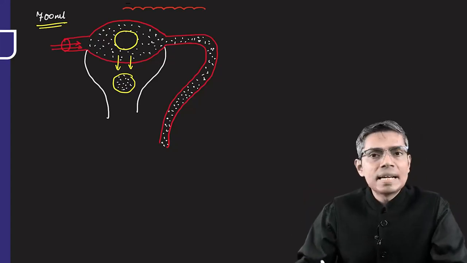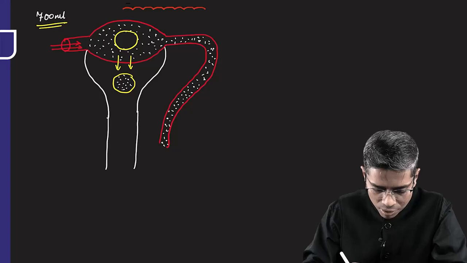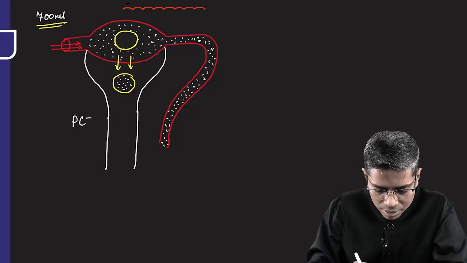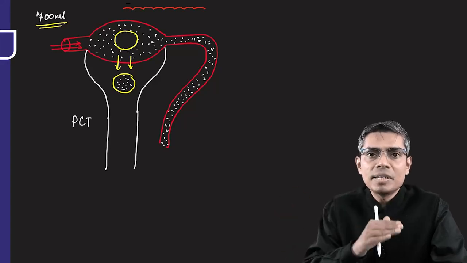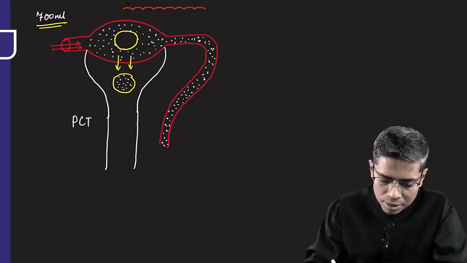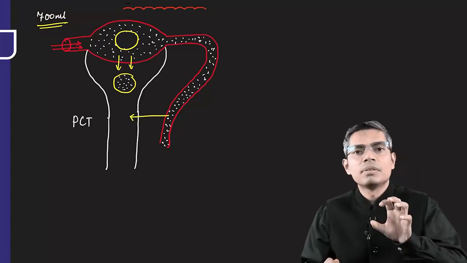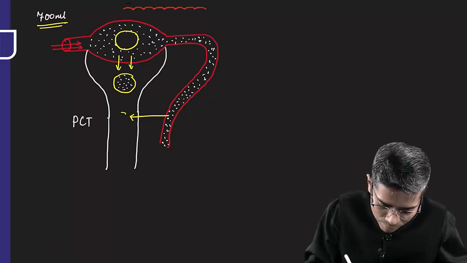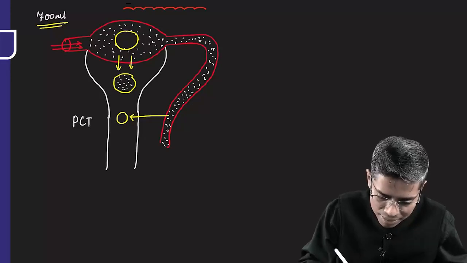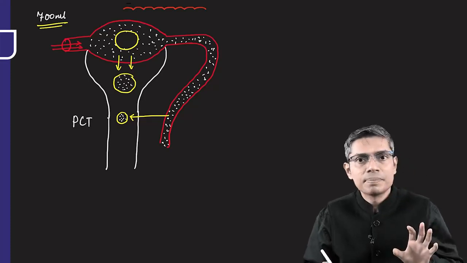I told you that creatinine is going to be secreted. Where does the secretion occur? The secretion occurs at the level of proximal convoluted tubules, and the secretion is coming from the peritubular capillary. So the creatinine will be secreted from this peritubular capillary at the level of PCT. Whenever there is secretion, again a certain amount of creatinine is reaching the level of the proximal tubule.